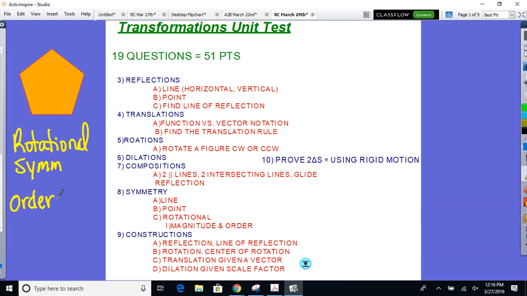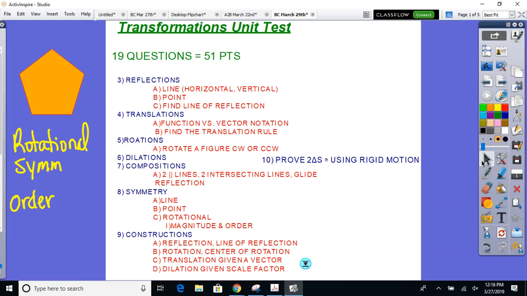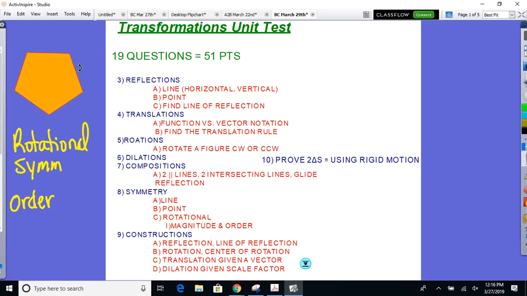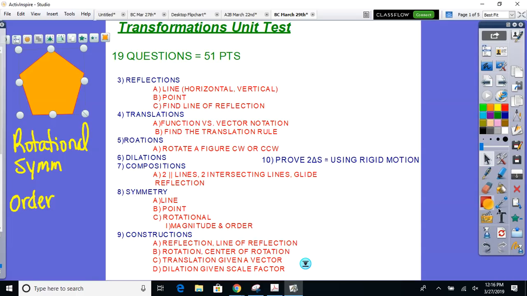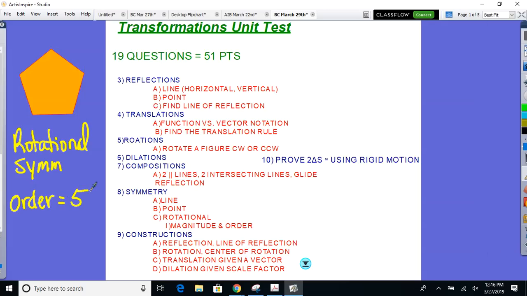The order is how many times, if I turn this figure all the way around, how many times do I see that pentagon from 0 to 360? I would be able to see that pentagon 5 different times. So the order would be 5 for that pentagon.